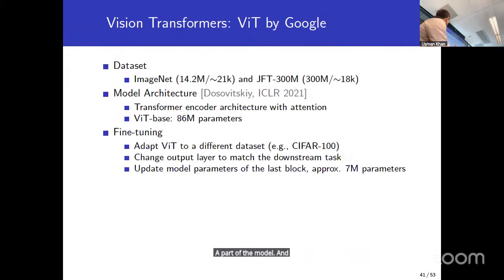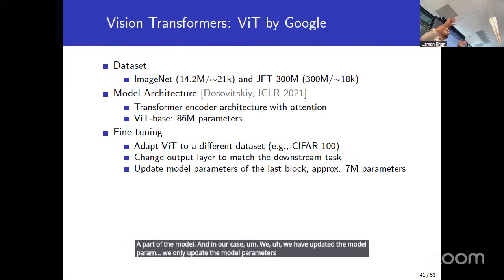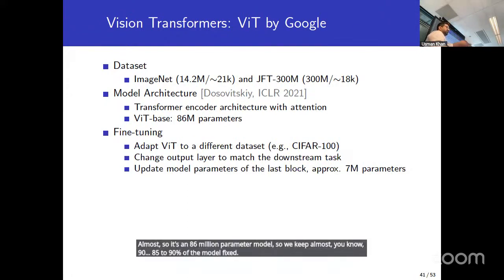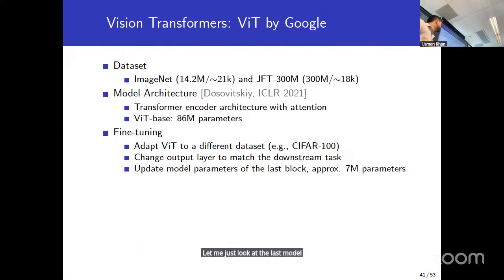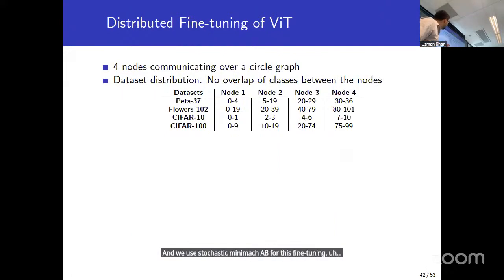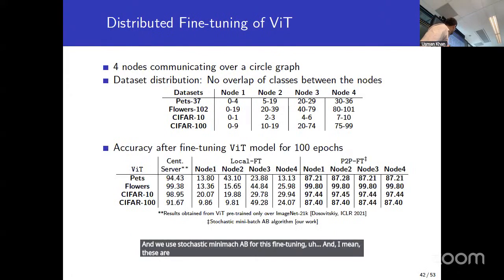In our case, we only update the model parameters of the last block. It's an 86 million parameter model, so we keep almost 85 to 90% of the model fixed. We just look at the last block and retrain those 7 million parameters, and we do it in a distributed way. And we use stochastic minibatch SGD for this fine tuning.